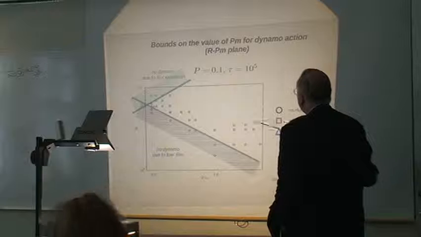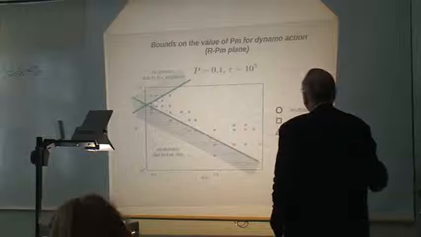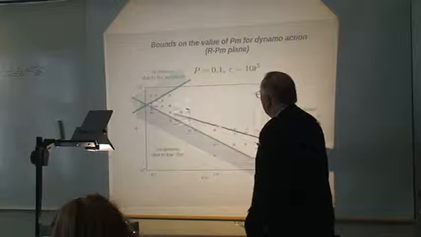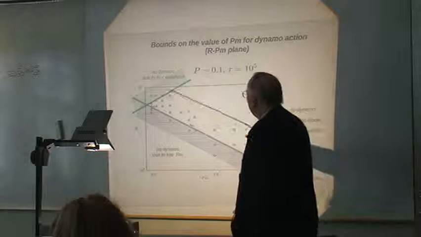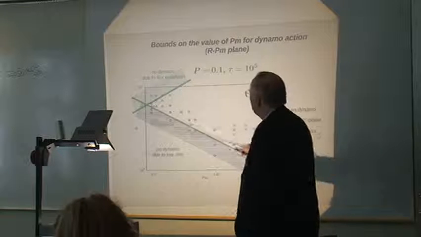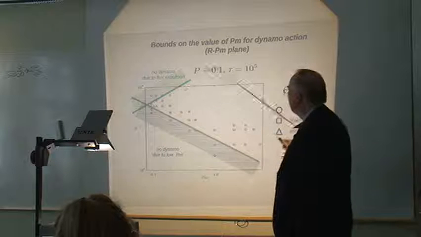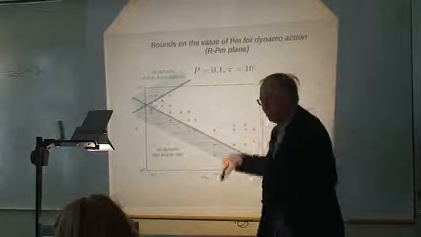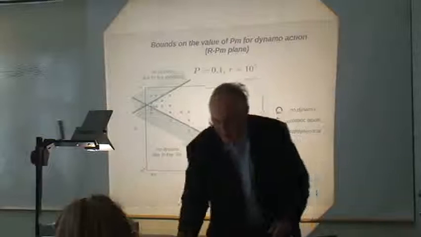For instance, in this case we have either chaotic dipoles, as indicated by the red symbols, and here we have more hemispherical type dynamos, and at higher Prandtl numbers we may also get quadrupolar dynamos.